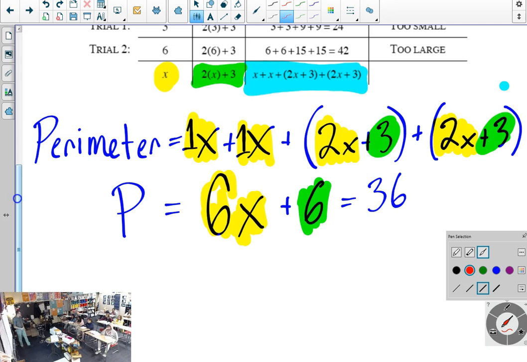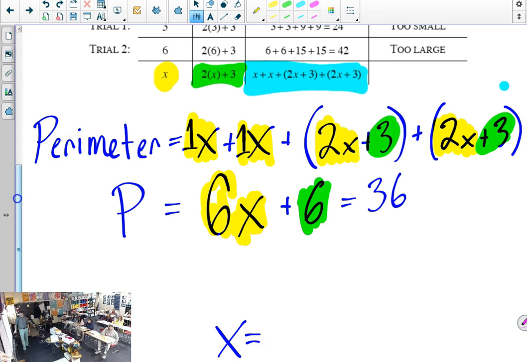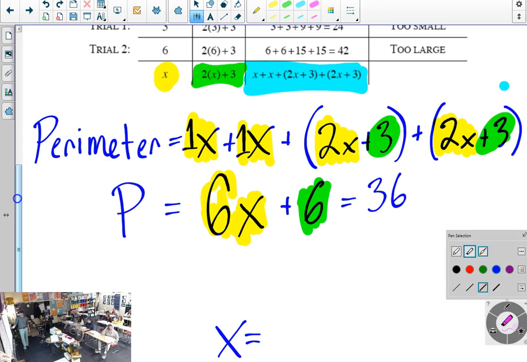If I wanted to get my value for what x is, I want to solve that. First thing I need to do is combine like terms or get rid of terms that aren't useful. If I'm trying to solve for the x, I don't need these 6 over here.